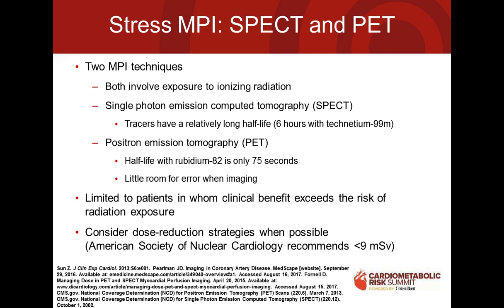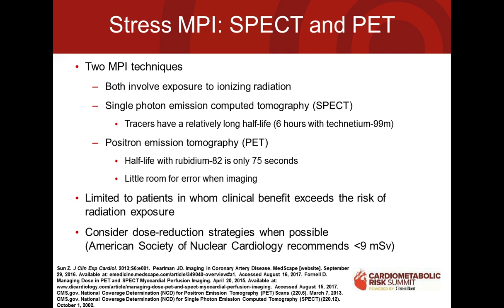There are also two different nuclear imaging modalities that are worth giving you just a brief note on. There is SPECT, which is what most of us are familiar with, and then there's PET, positron emission tomography. Both of them expose the patient to a little bit of ionizing radiation. PET is less. It's probably about a third of what SPECT is.